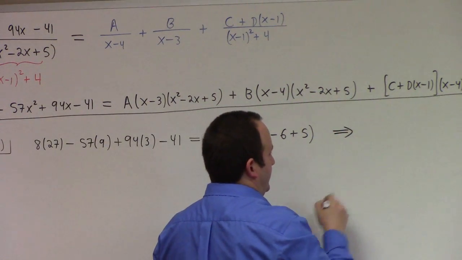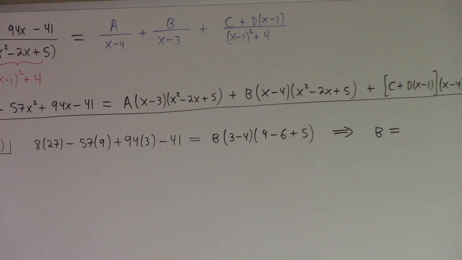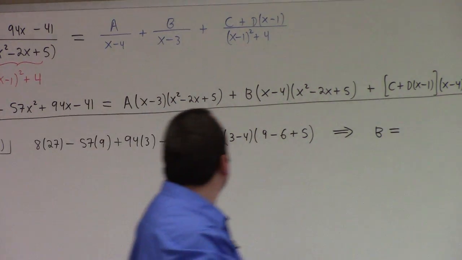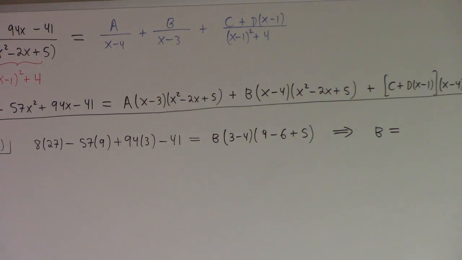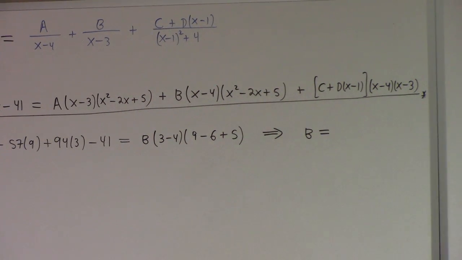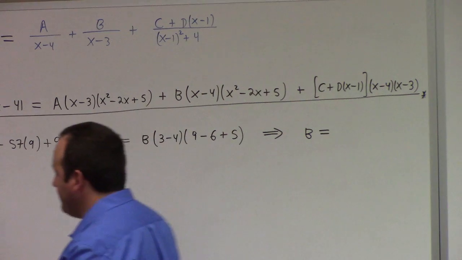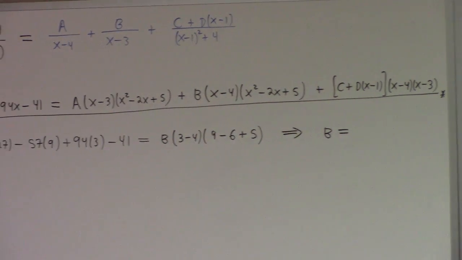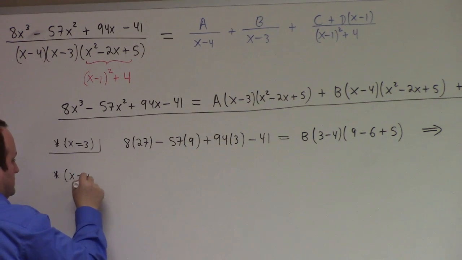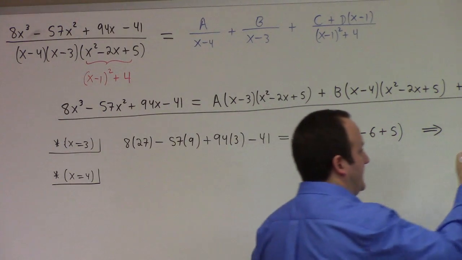And this implies that b is equal to, what do you think? I mean, it's just a matter of crunching the numbers, right? You do that, I think you should get minus 5.